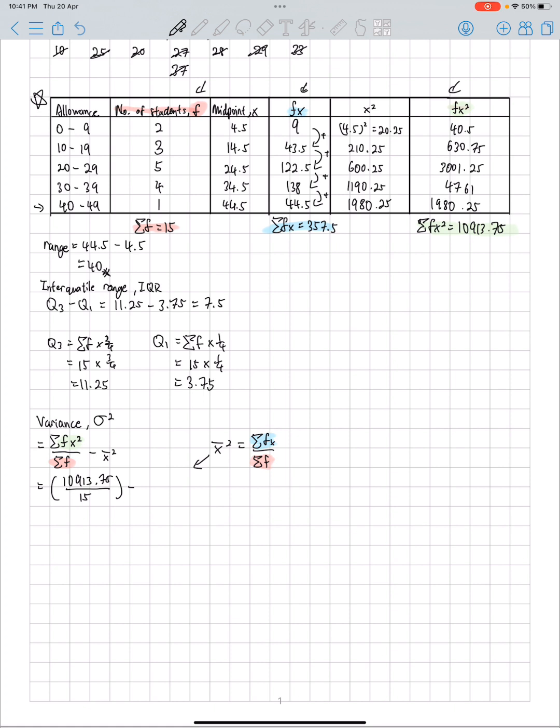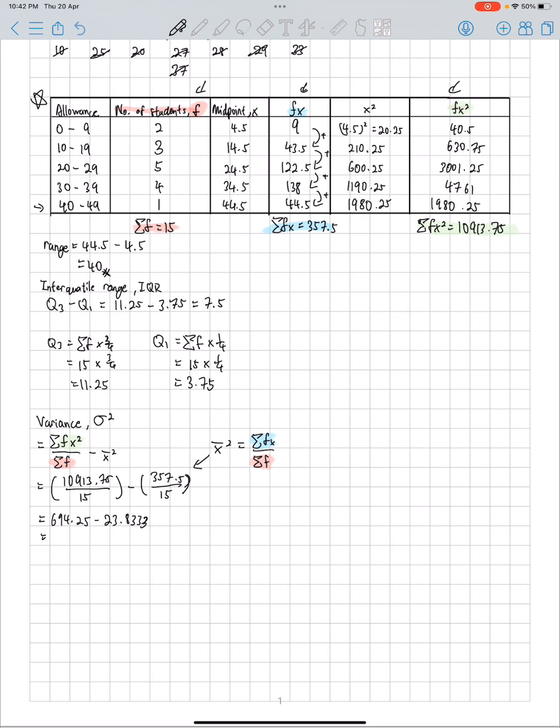Yeah, so the total number of fx is 357.5 and divide by 15. So we'll get, what? We'll get 694.25 minus 23.8333, the 3333 never ends.